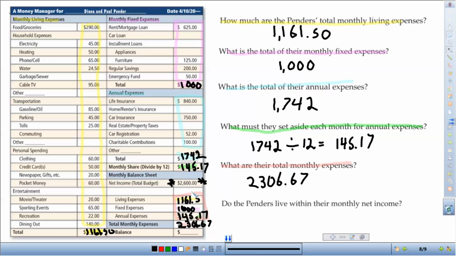So 2,600 minus 2,306.67. So they have $293.33 left over each month from how much they bring in. So yes, they're living within their monthly net income. They actually save some money.